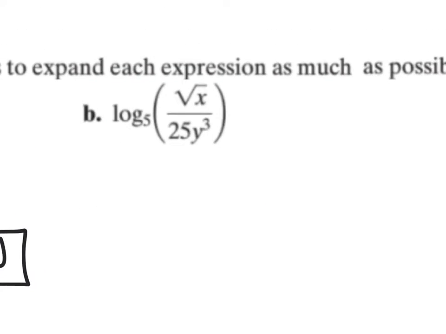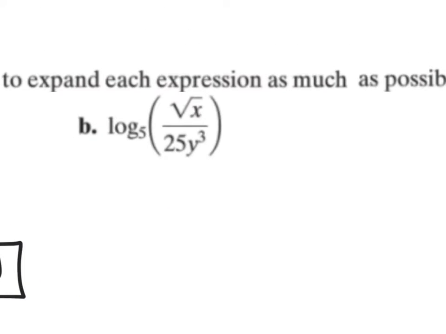All right. On this one, let's write this as log base 5 of x to the 1/2 power divided by 25 times y cubed. Now, this is where it gets a little weird.